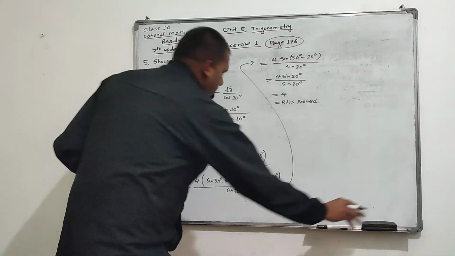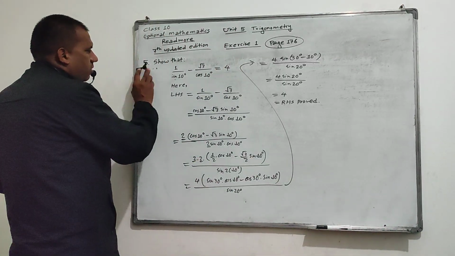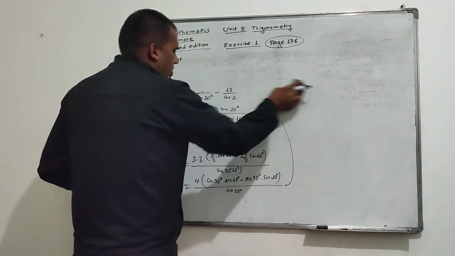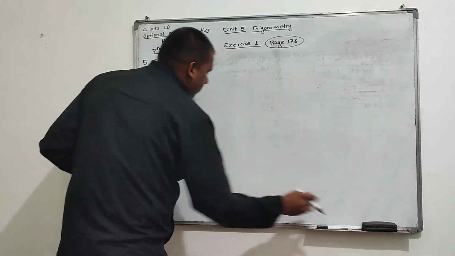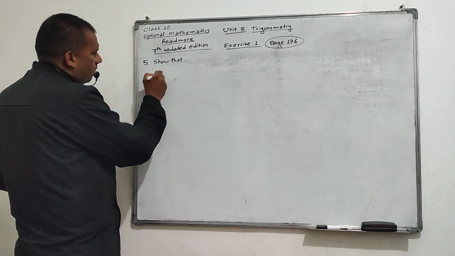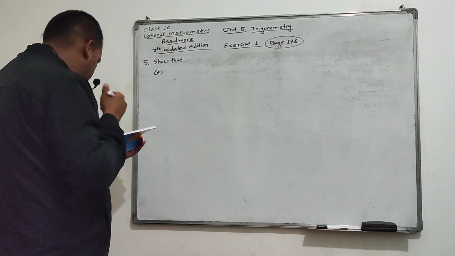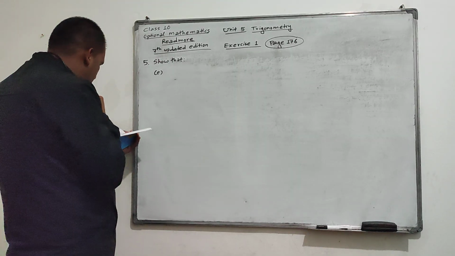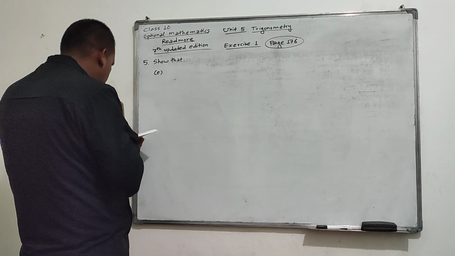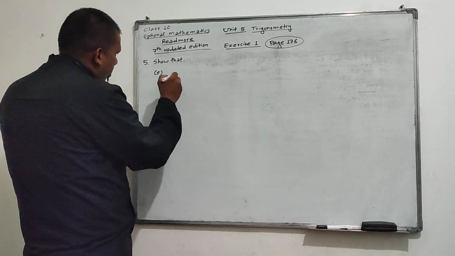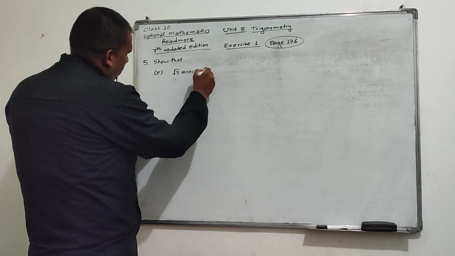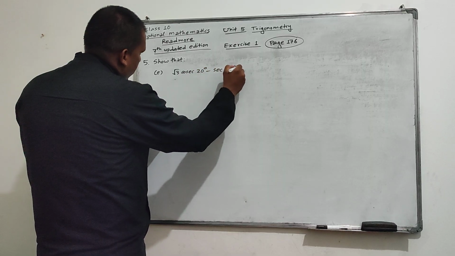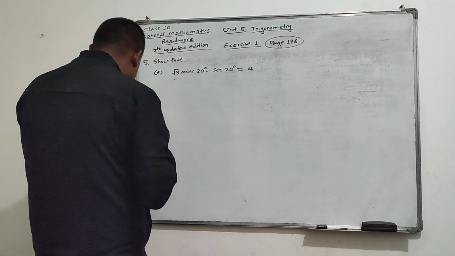Now next question, part A. On A we have root 3 cosec 20 degree minus sec 20 degree equal to 4.